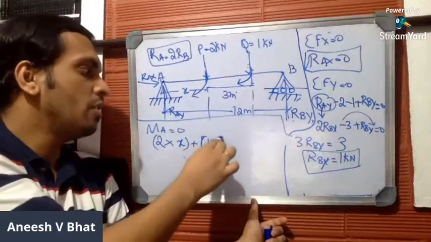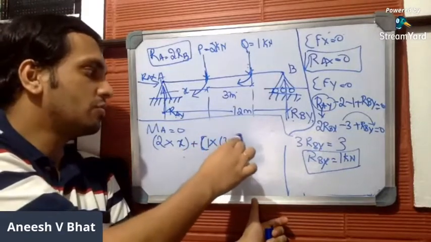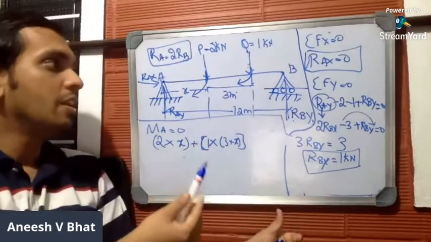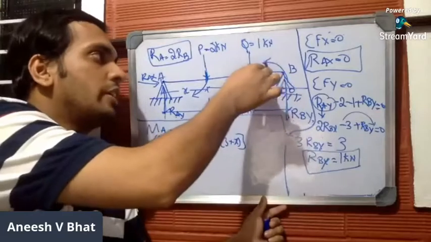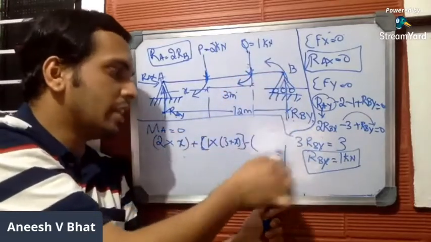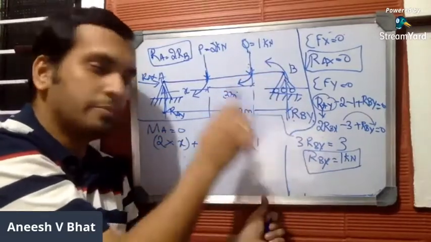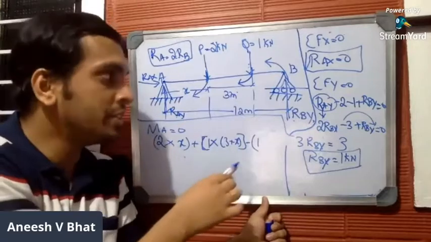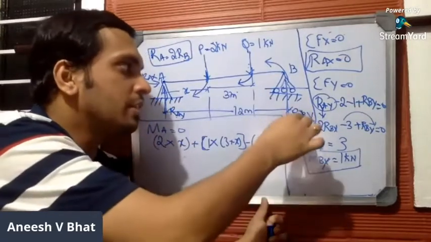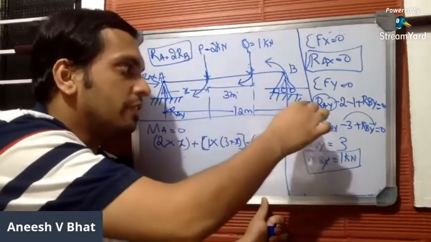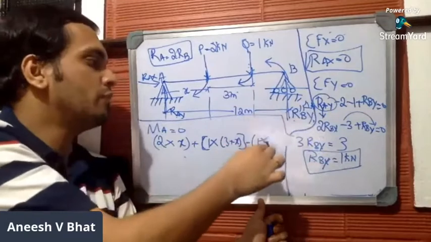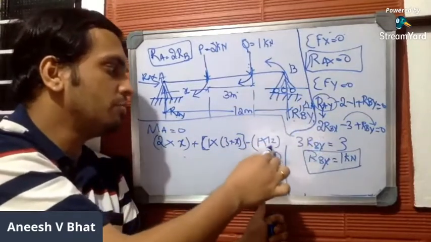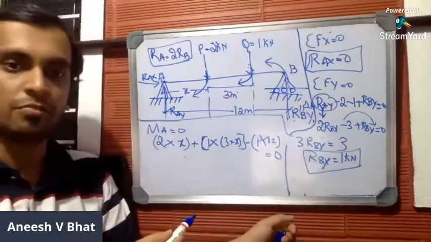Now Rby produces anti-clockwise moment, so minus Rby, which we have already found to be 1, into 12, is equal to 0.